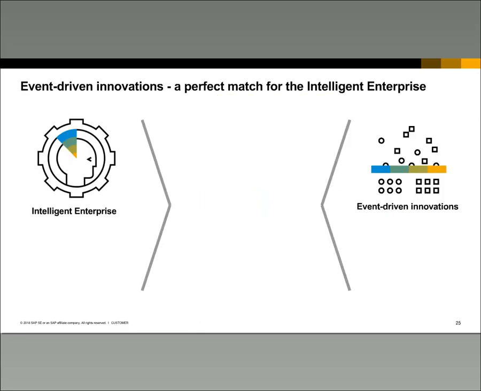Okay, so moving on, the whole idea of event-driven architecture, or event-driven innovation, in the context of the intelligent enterprise really makes sense, where you're always looking for ways to sense what is going on in your enterprise with respect to your business, and to be always ready for various situations and change accordingly, whether things go as per plan or not, right?